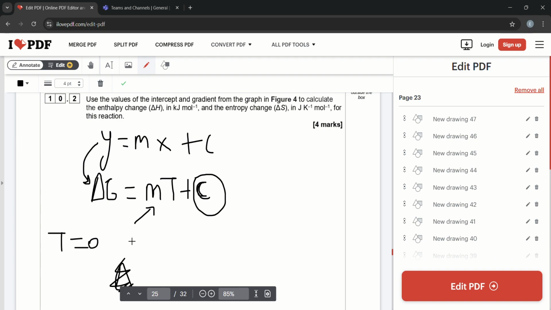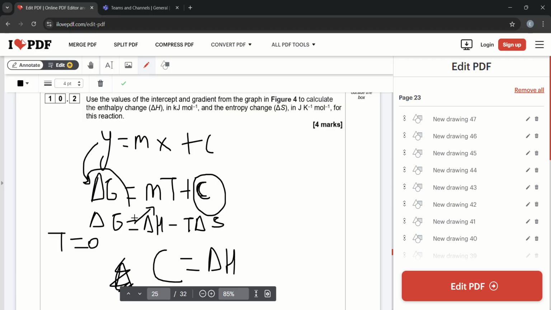Actually, well, if we compare it now, what's c equal to? Because we know c is going to be equal to delta H. Reason being, if we compare it to the actual equation, delta G is equal to delta H minus T delta S. Delta G's are perfectly fine.